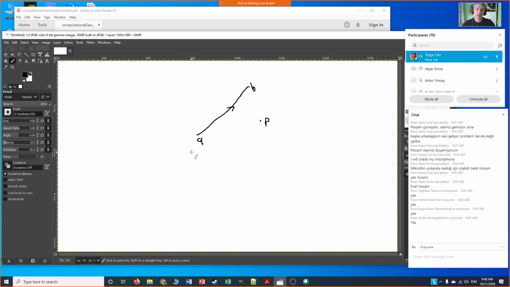We can use it to check the convexity of a polygon, or we can use this left-hand side, right-hand side identification to check whether two line segments intersect.